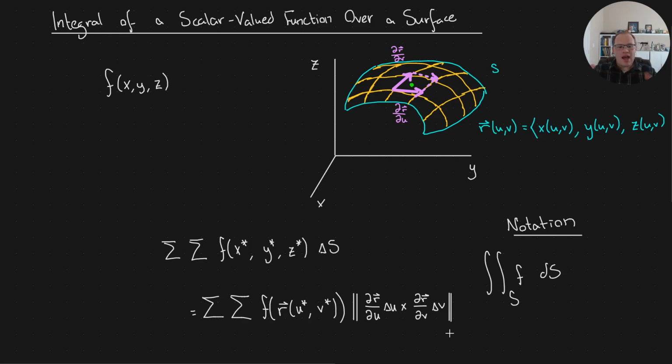As our change in u and our change in v get smaller, the area will also get smaller, right? We don't want this to always be the same area. We want to kind of shrink it. And as we get smaller and smaller, it'll be a better and better approximation of what we're doing. And we want to be a little careful here.